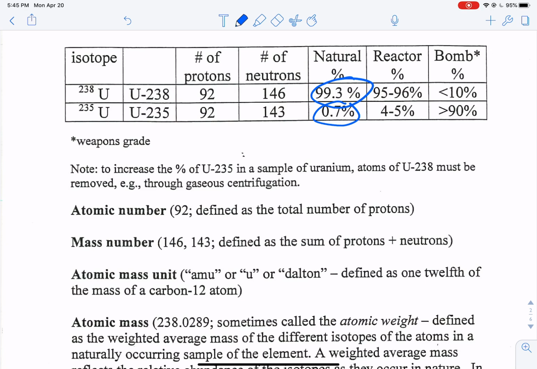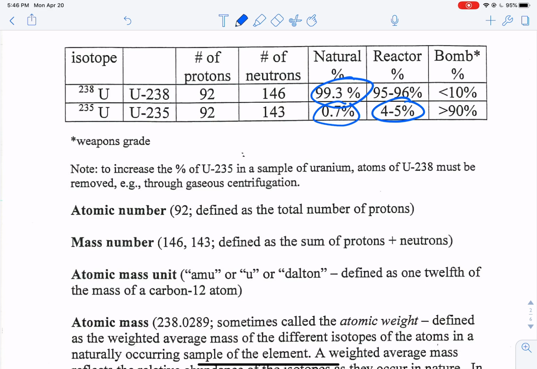The answer is, in order to sustain a chain reaction, which we'll talk about in chapter 30, you need 4 to 5% uranium-235 in a nuclear reactor, or the nuclear reactor won't work and you will not be able to generate any significant amount of electrical energy.